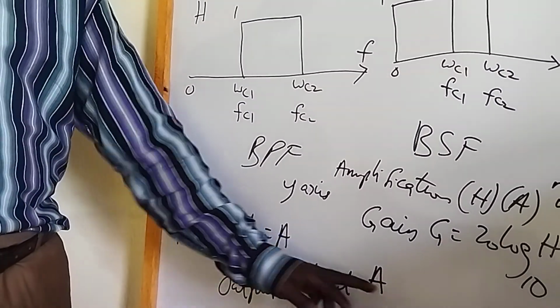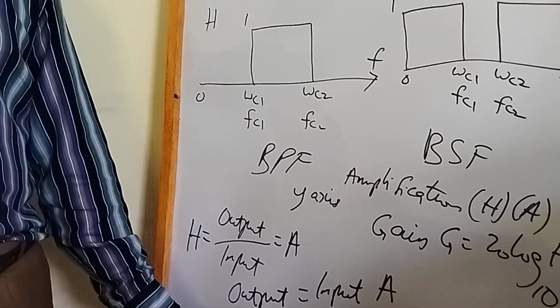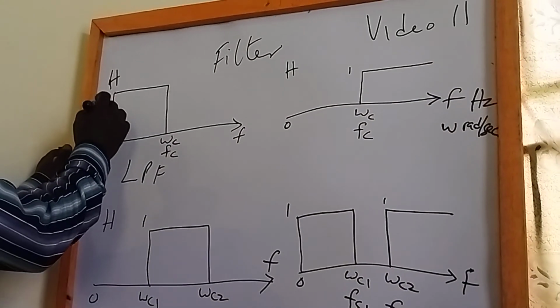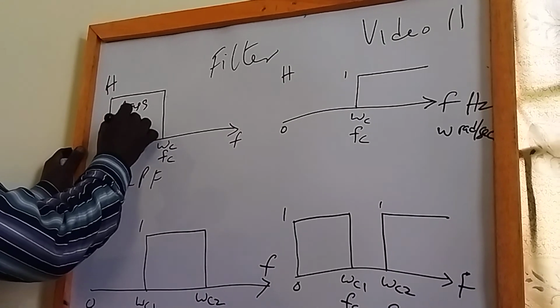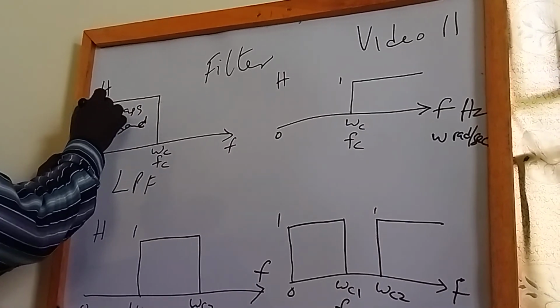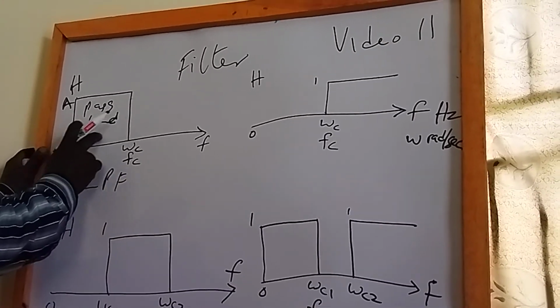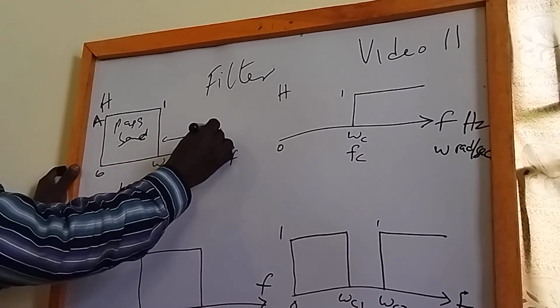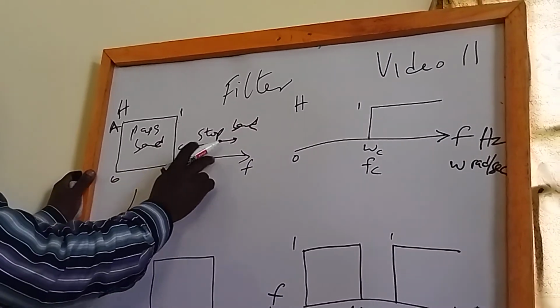If A is 0, whatever the input is times 0, the output is going to be 0. So it is blocked. So you see here, this place is the pass band. The A is 1 in the pass band. This place is the stop band. A is made 0.